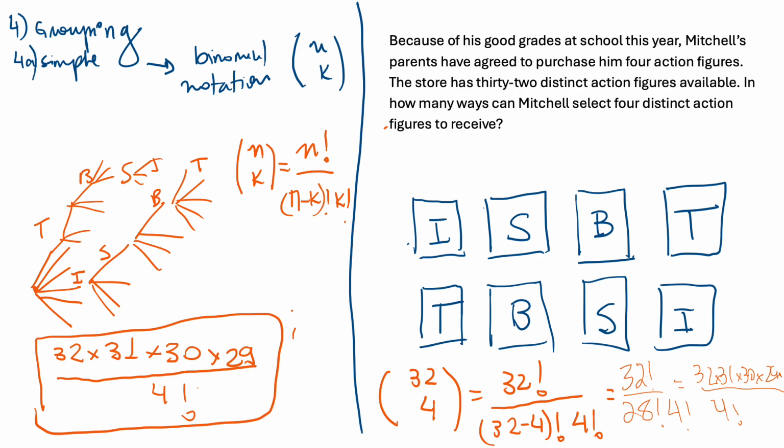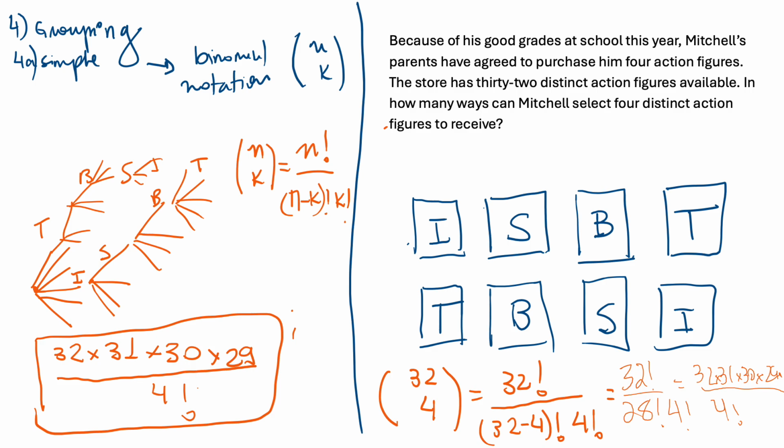Okay, so this is the rule. You put n factorial here, you do the difference here, and then you finish with the k here. So you put 32 in the numerator, you do the difference between them here, and you finish with the 4 here.